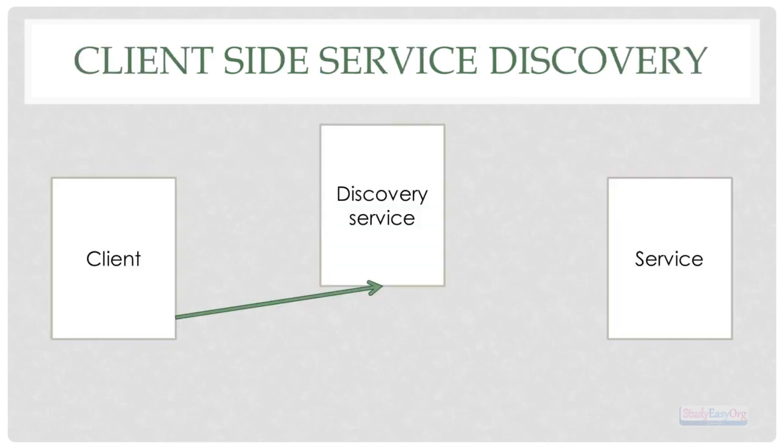Let us try to understand how these architectures work. First of all, we will discuss client-side service discovery, where the client will first ask for the address from the discovery service. The discovery service will give the address, and finally, based on the address, the client will communicate with the service. Definitely here, the client is doing much of the work. As a result, the name is client-side service discovery.